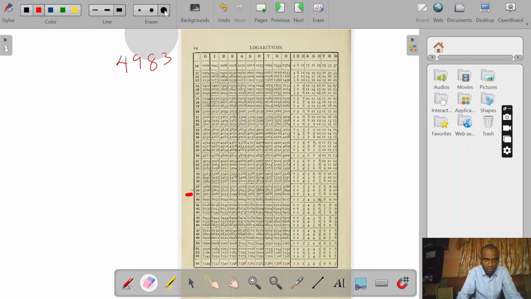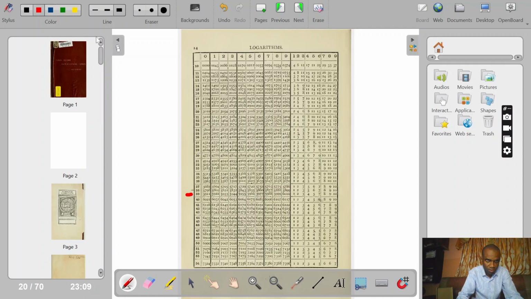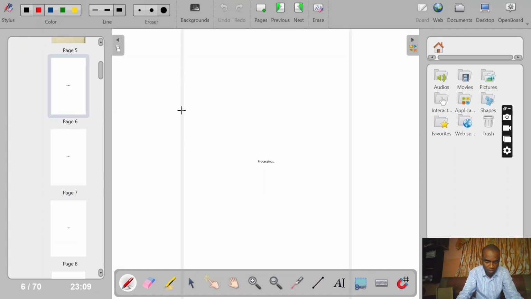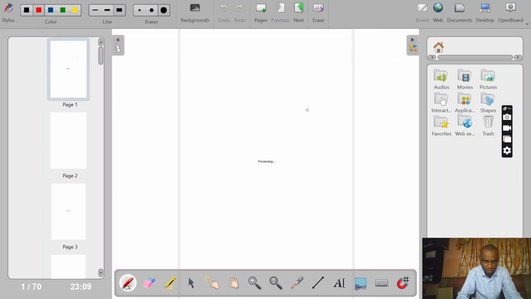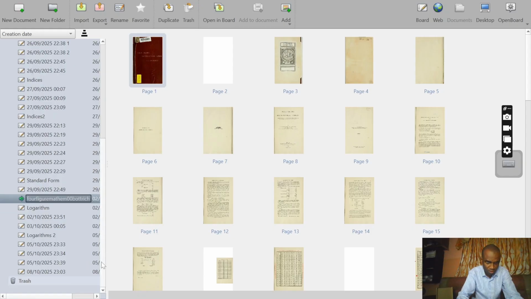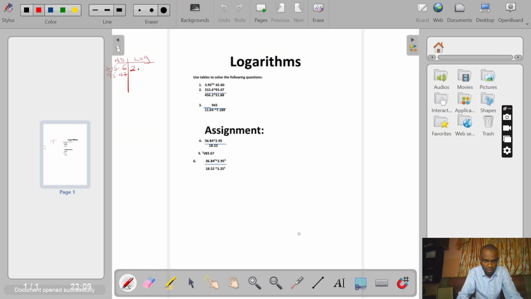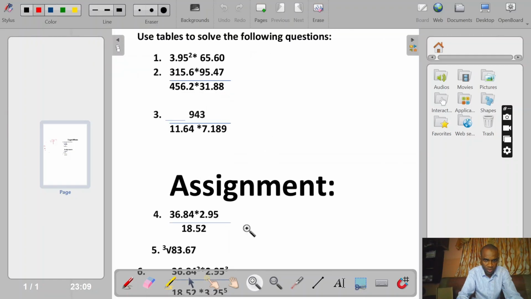I think I should rewrite the question here. Let me go over the question again. The question again is 31 under 5 difference 6.